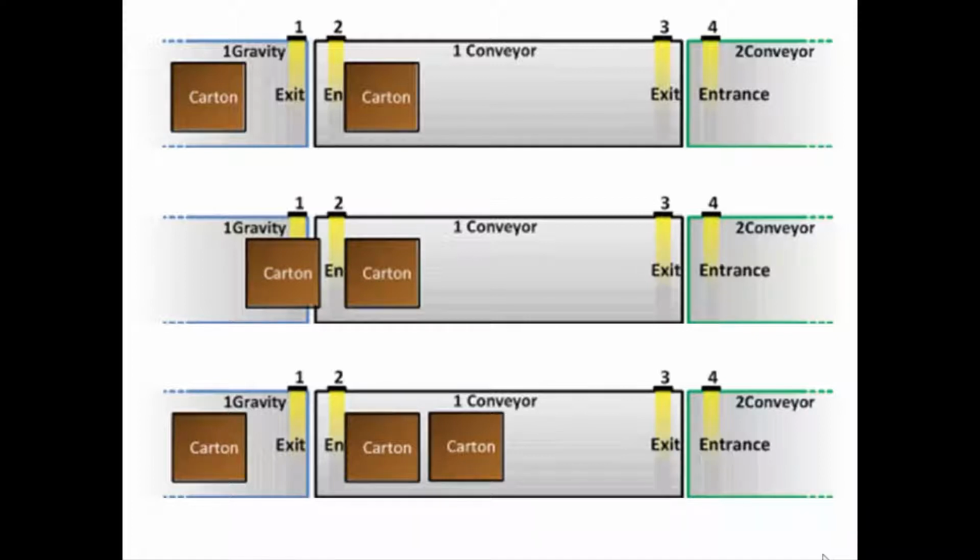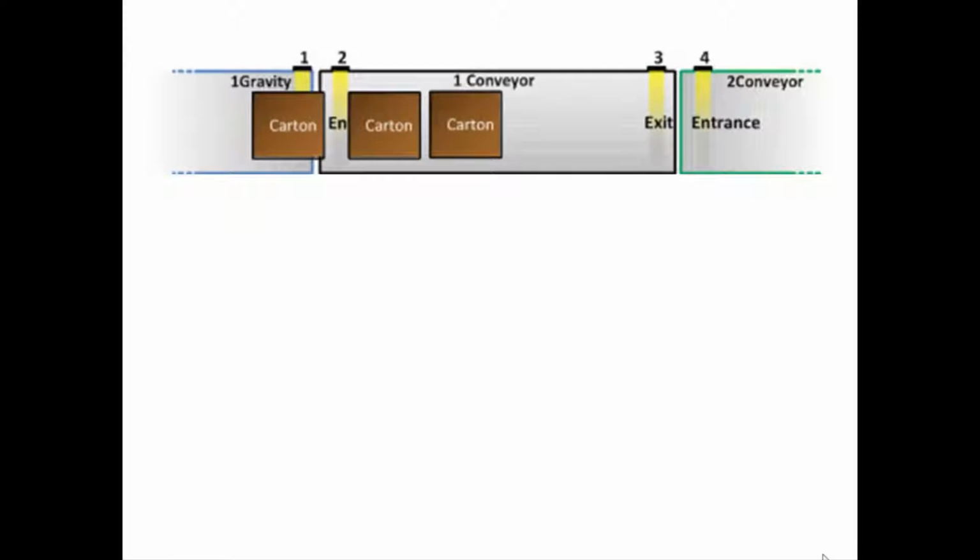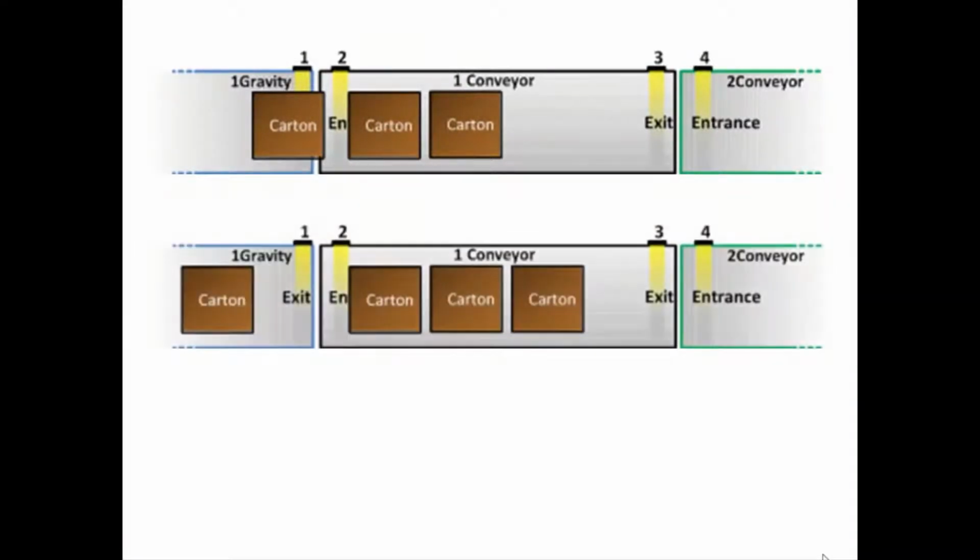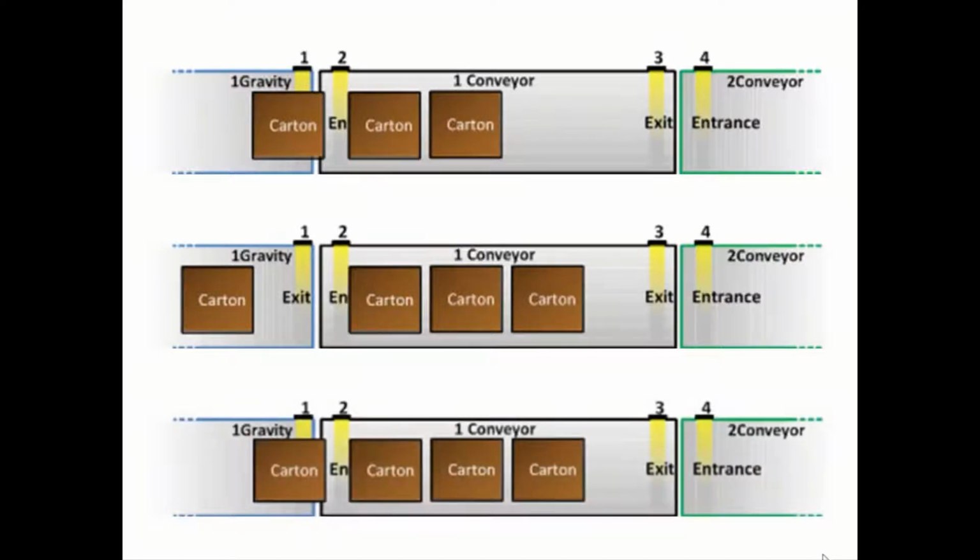Here comes another carton down gravity. It breaks photo I1, comes to rest against stationary one conveyor. However, because there's still space on one conveyor, it turns on, pulls the third carton through photo I2. In the instant that photo I2 goes clear, one conveyor stops. Here comes another one down the gravity. It comes to rest against one conveyor.